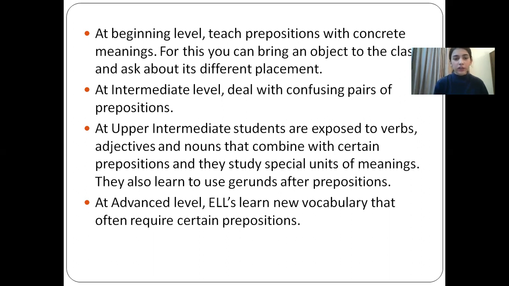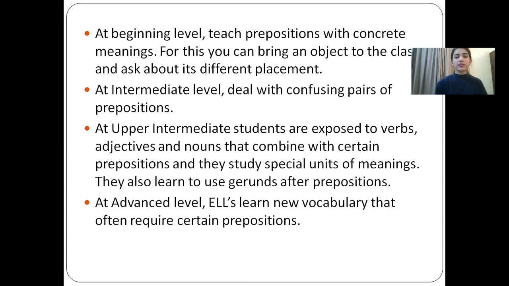They also learn to use gerunds after prepositions. So at upper intermediate level, you can teach them verb and preposition combinations, adjective plus preposition combinations, and noun plus preposition combinations. And then you can also teach them how you use gerunds after prepositions.